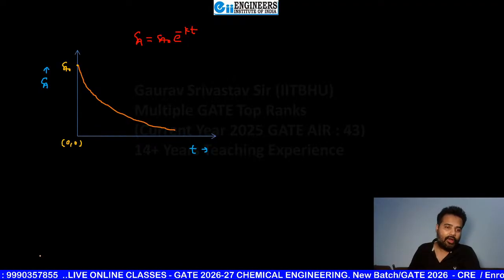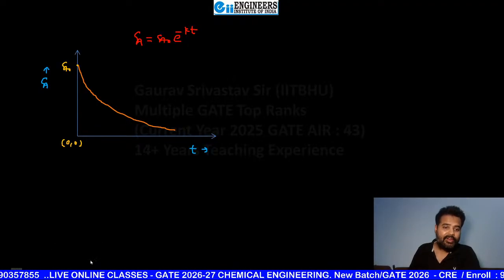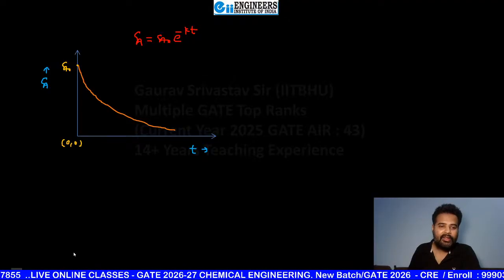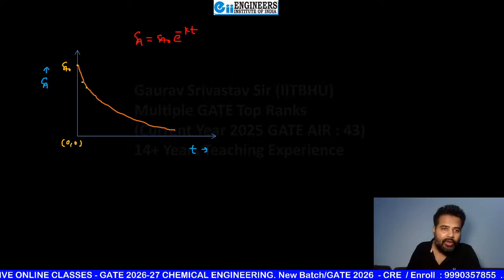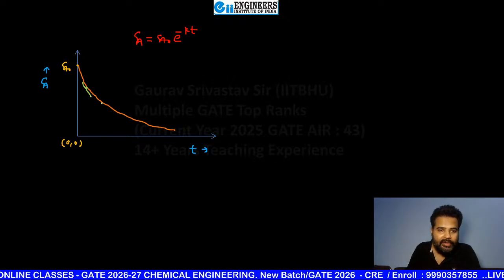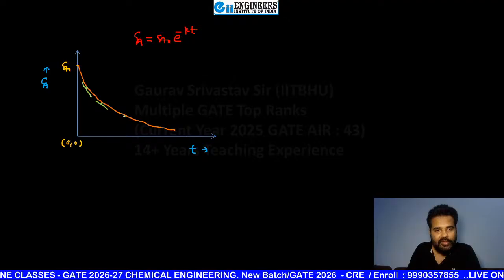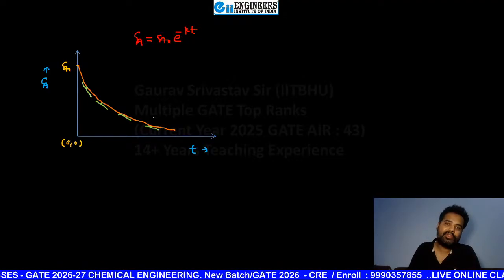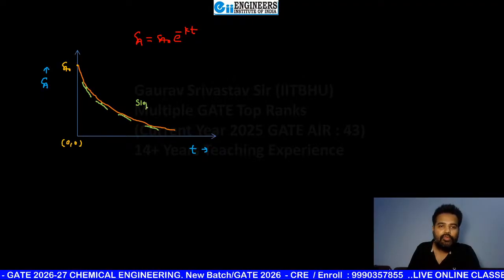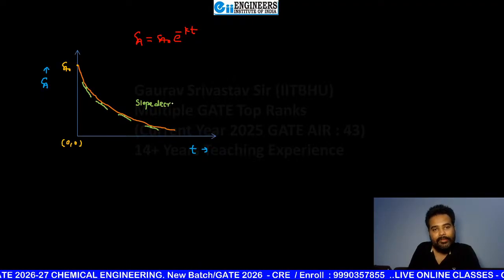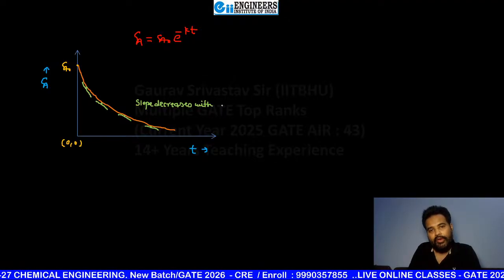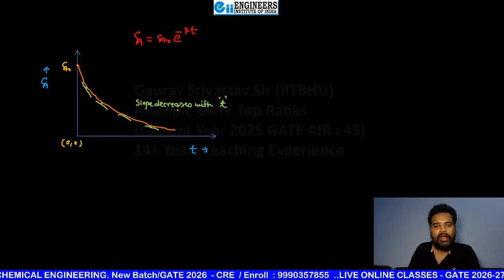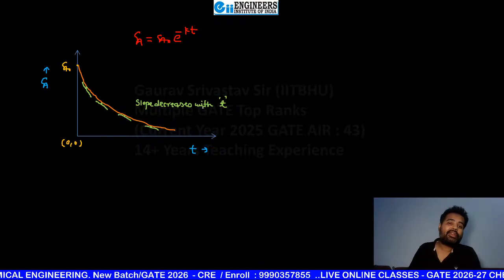Okay. Now see, beta, the slope is different at every time. At this time you have more slope. At this point the slope decreases. At this time there is less slope. So slope decreases with time t.